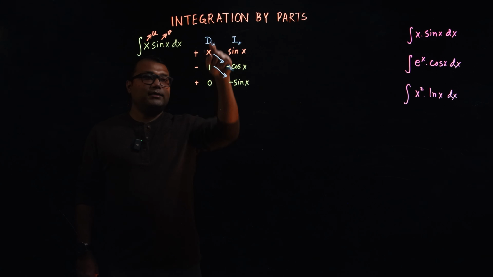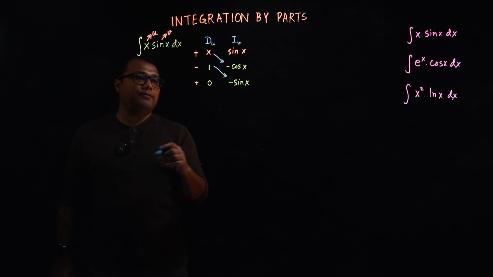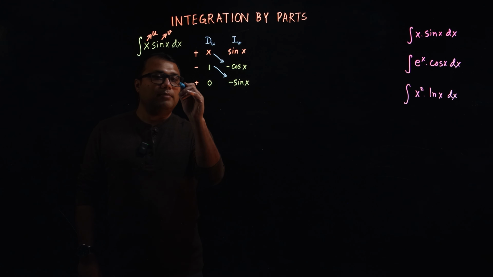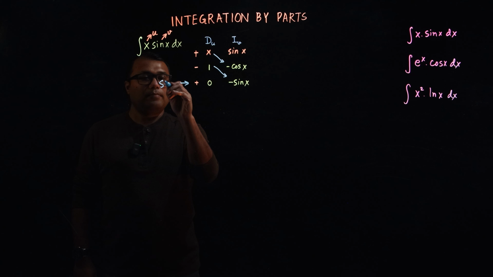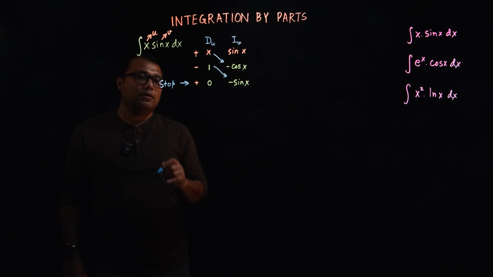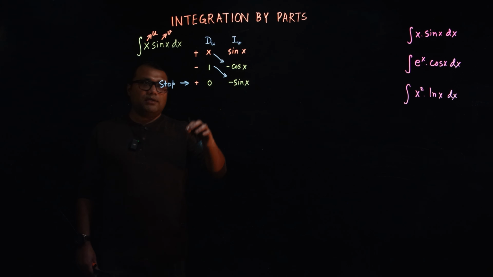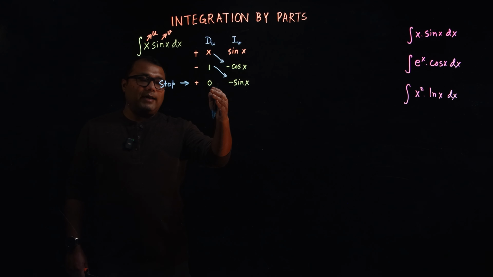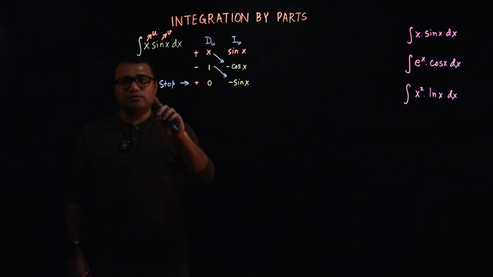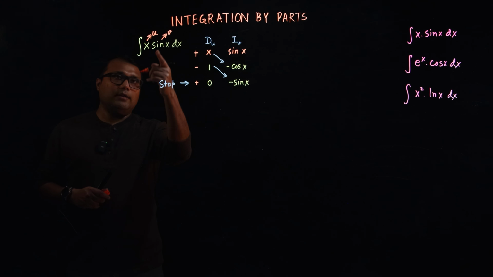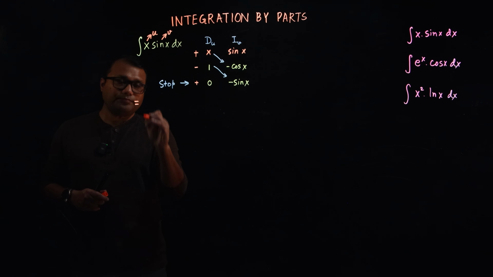So, the first stop I will say is this is my stop. So, the first rule is if either this column or this column has a 0 in any of the rows, we stop there. Now, let us get back to the integration.